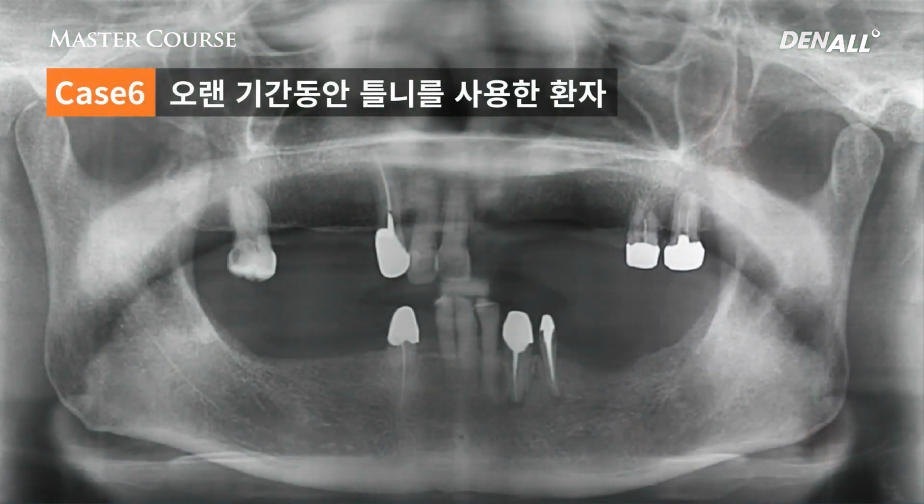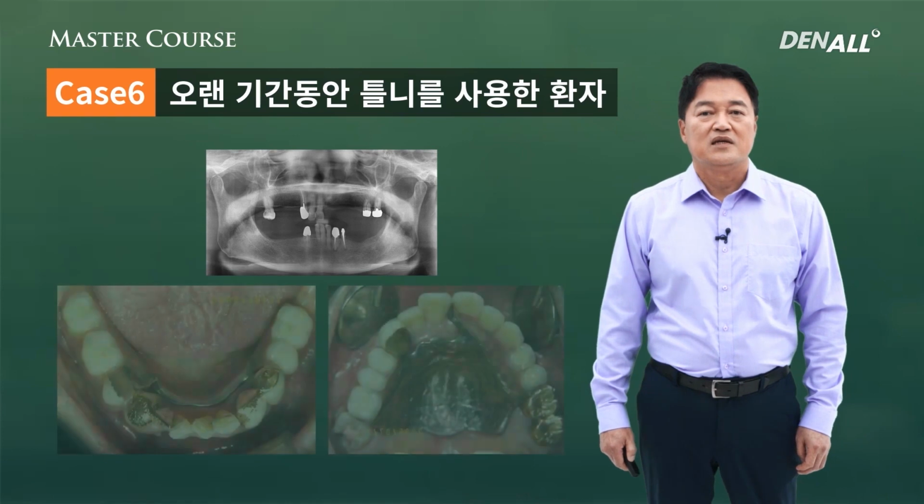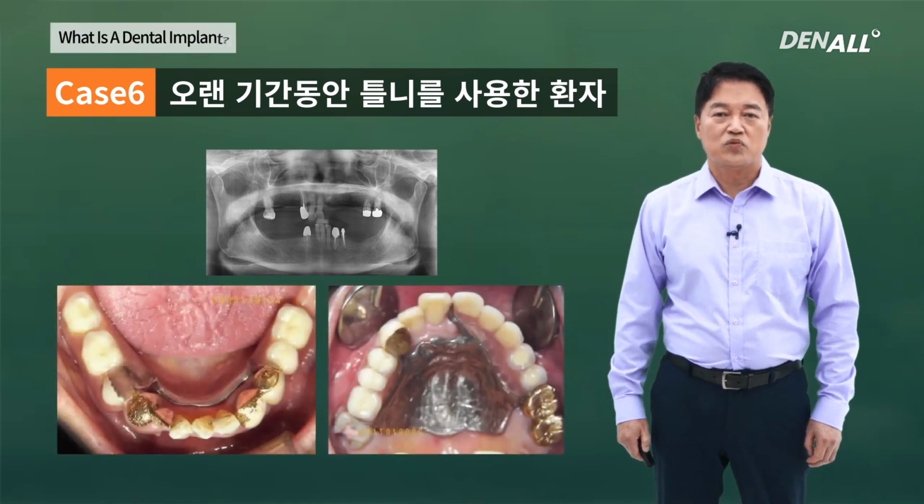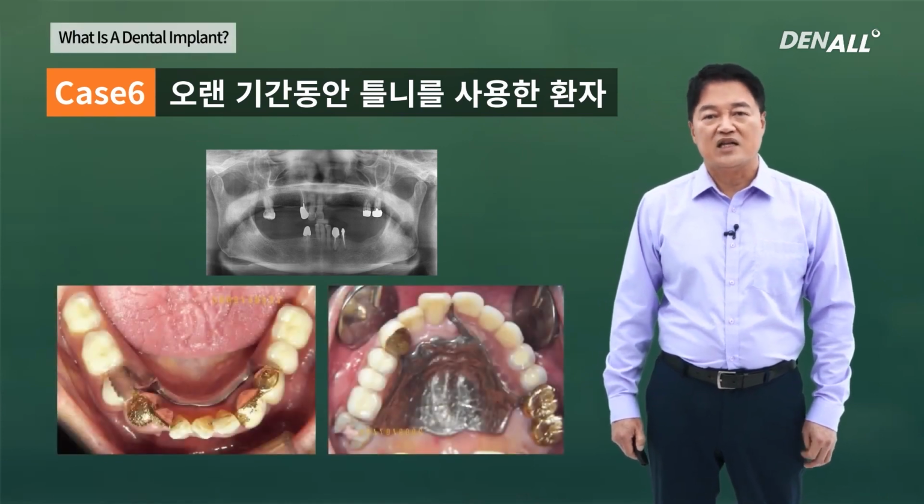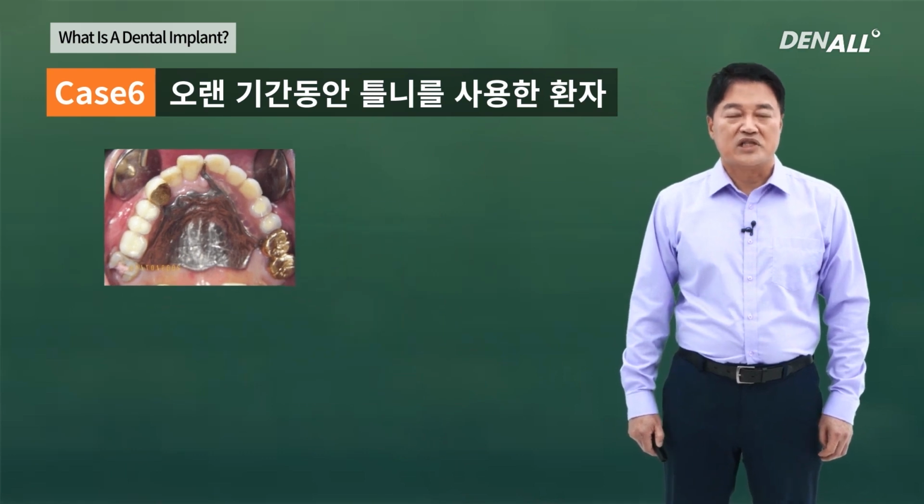Sixth case, this patient has been using a partial denture in the upper and lower for a long time, and the patient's chief complaint was that the patient experienced too much pain to chew anything. Telescope crown was done and the patient was wearing denture in upper and lower.